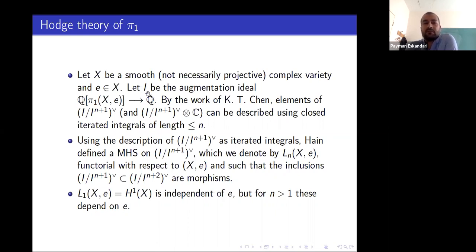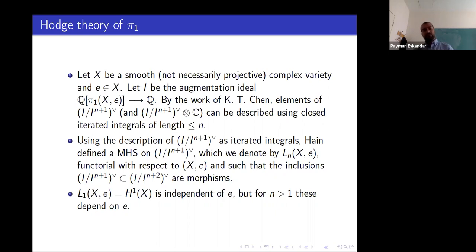The kernel of that is called I, and by some very nice old work of K. T. Chen, one knows that the elements of this quotient, these are functionals on I that vanish on the (n+1)th power of I, can be described using homotopy invariant iterated integrals.